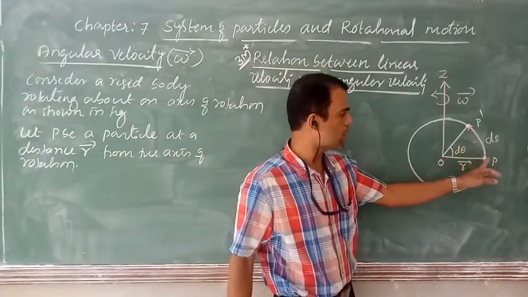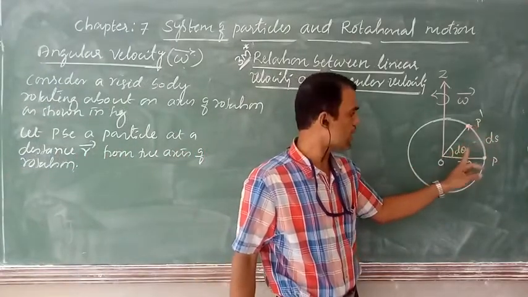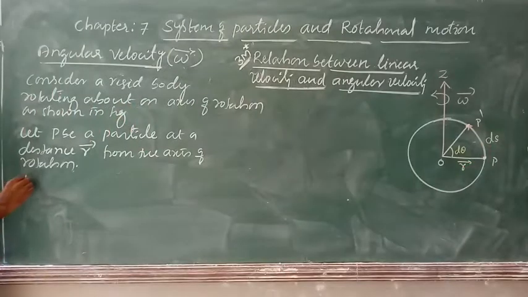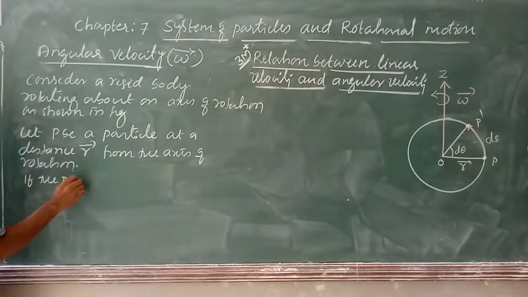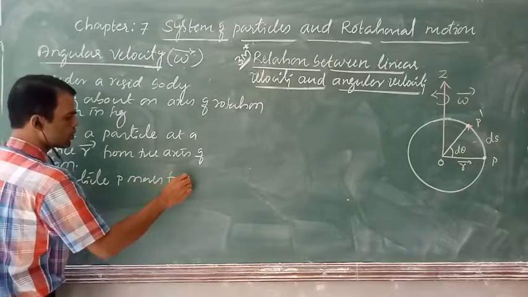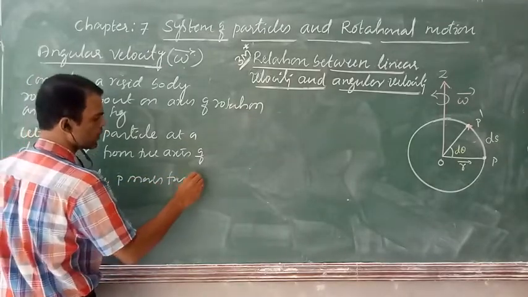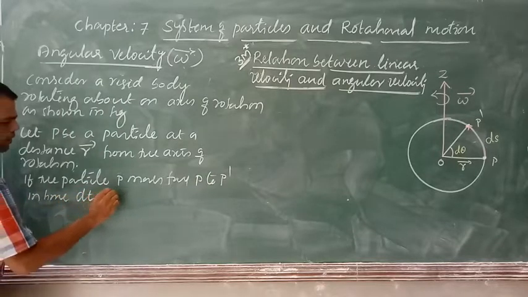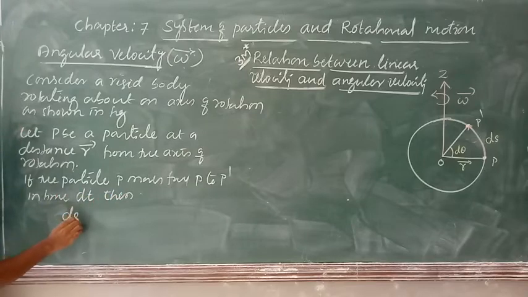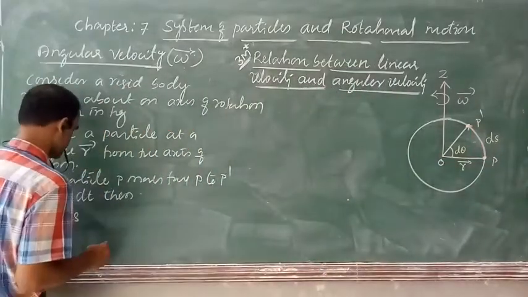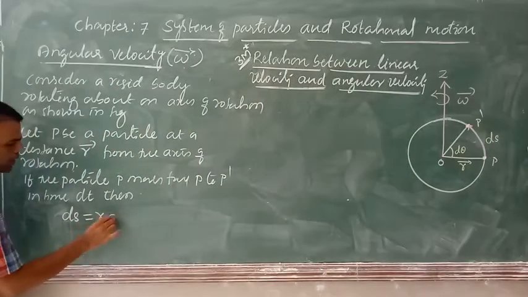Now if the particle moves from P to P dash in a time dt, then its linear displacement ds is equal to r into d theta.